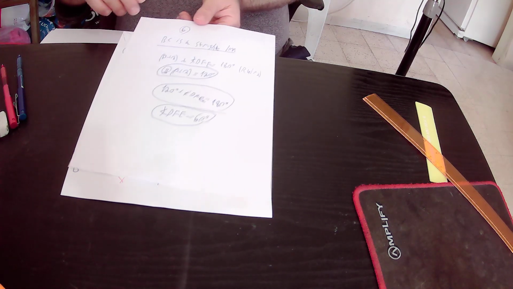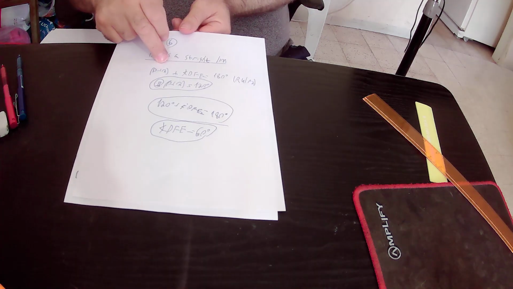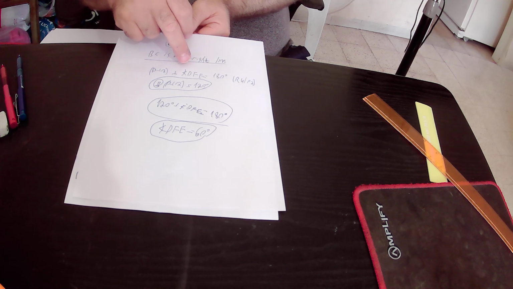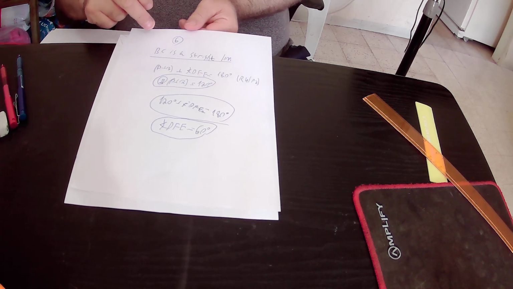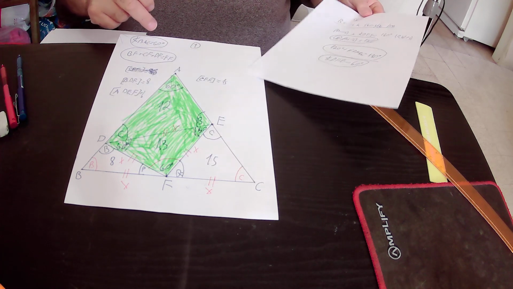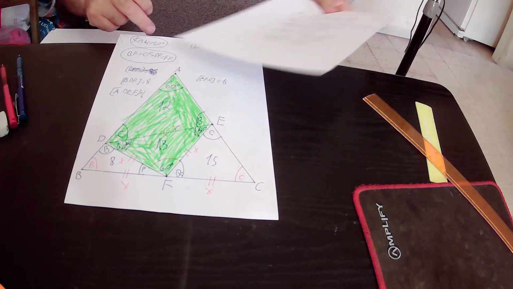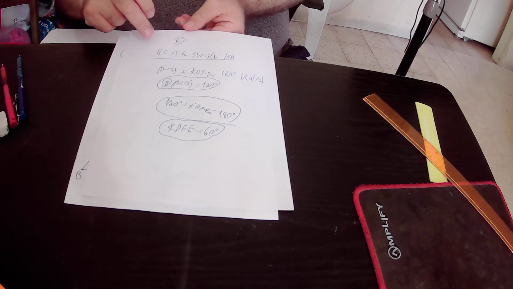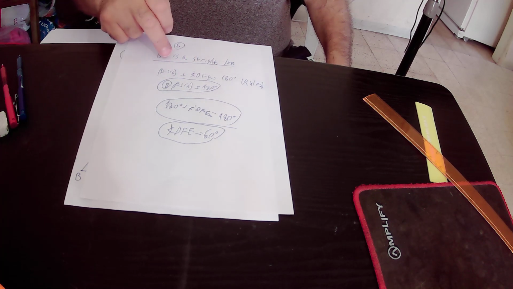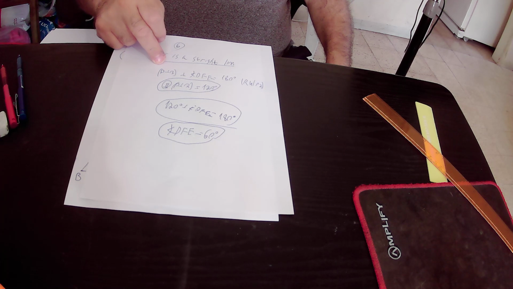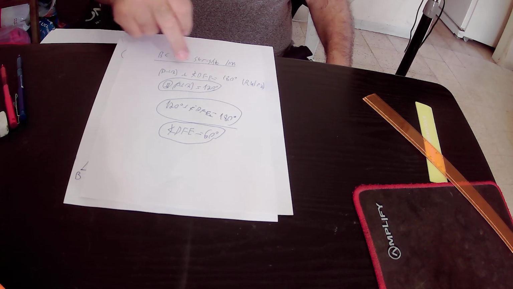Again, according to rule number 2, P plus Q plus the size of angle DFE must be equal to 180 degrees, okay, in triangle DFE. So here we know that P plus Q equals 120 degrees according to equation number 2, so we can substitute P plus Q by 120 degrees.